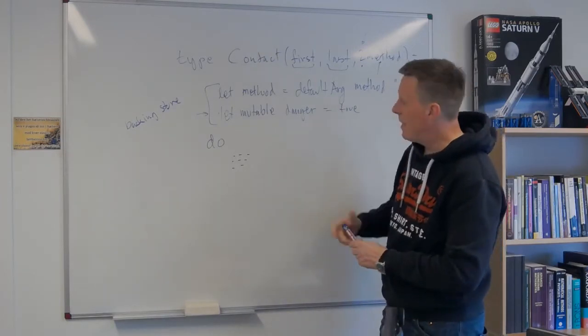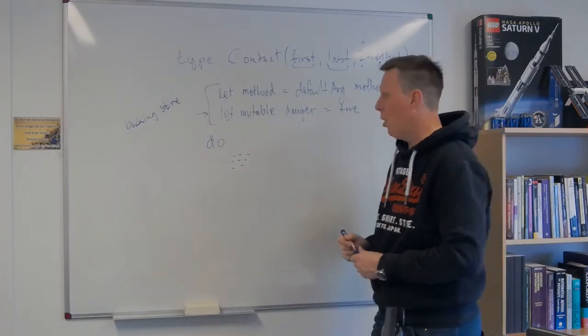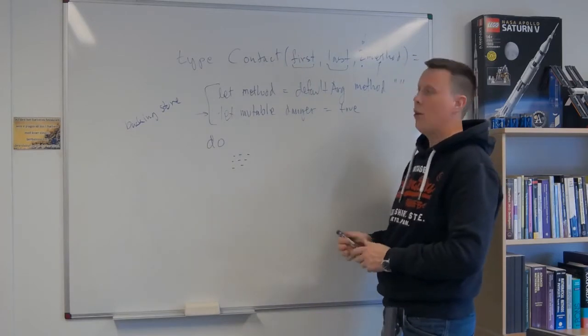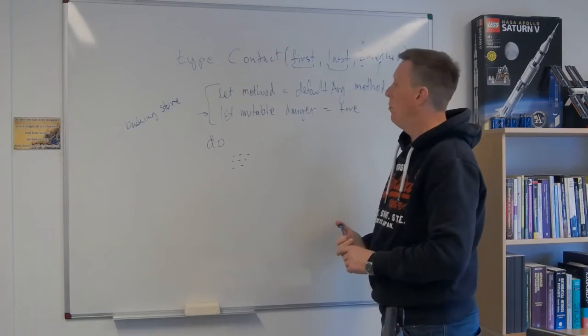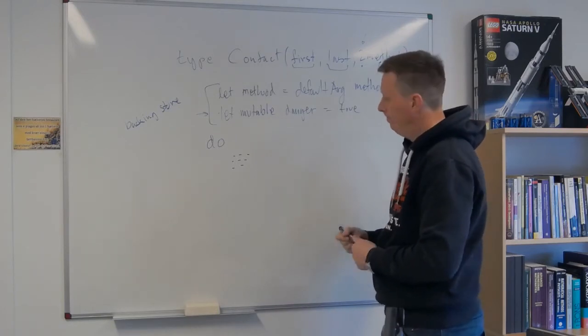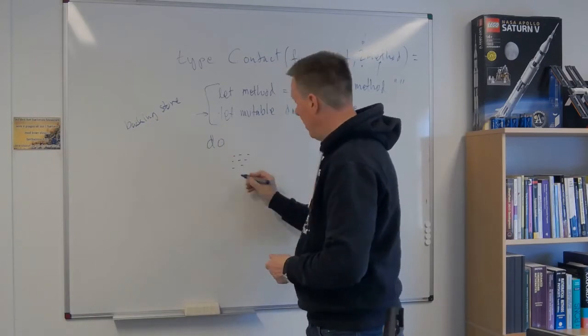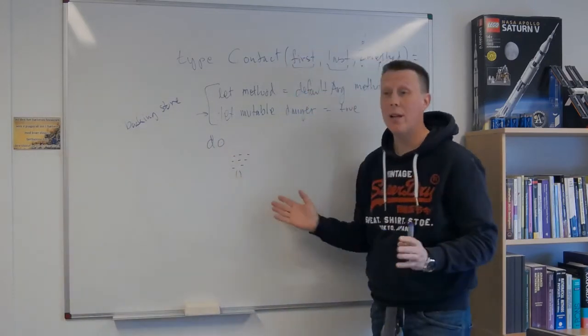So this is basically where you can add a block of initialization stuff that goes beyond just setting some immutable names. The only important thing is that this do block needs to return unit. It cannot return anything.